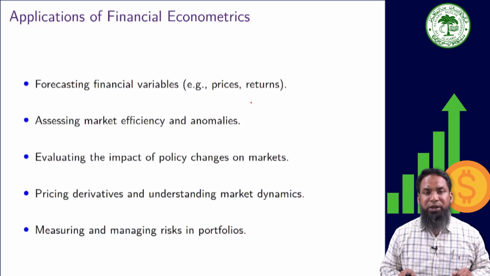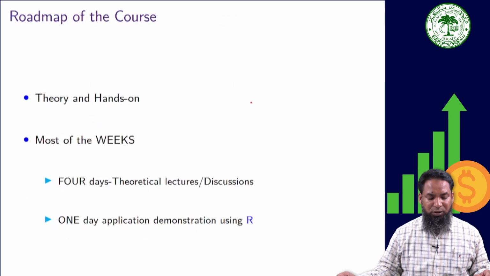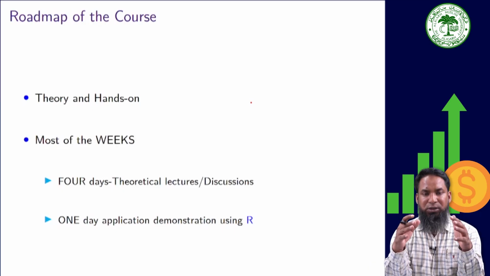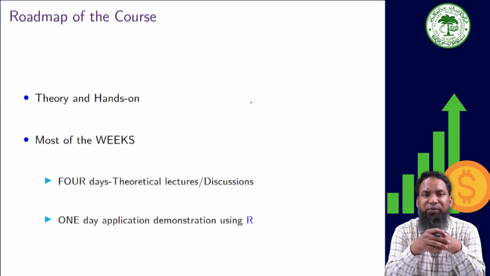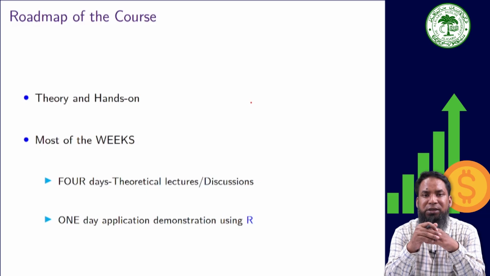Similarly, we can use financial econometrics to measure and manage risk in portfolios. So, these are the broad aspects of financial econometrics. However, here we have discussed the very specific uses and applications of financial econometrics in finance.